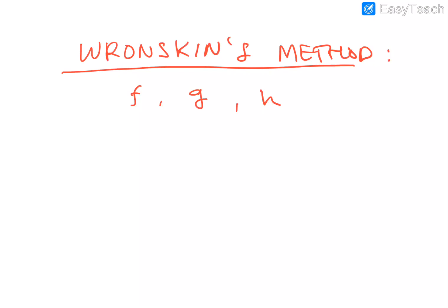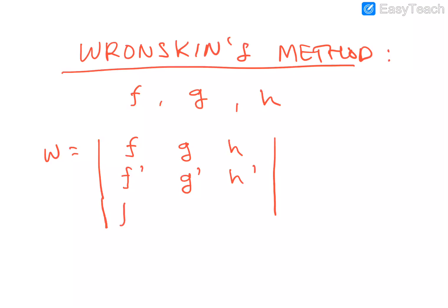And you take these functions and you put them into a matrix. In the first row, you'll have the functions as they are. Under that, you'll have the derivatives of those functions. And in the third row, you'll have the second derivative of those functions.